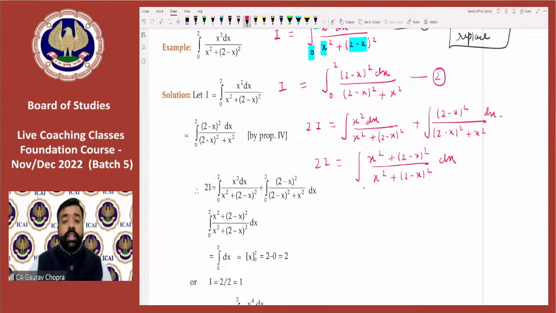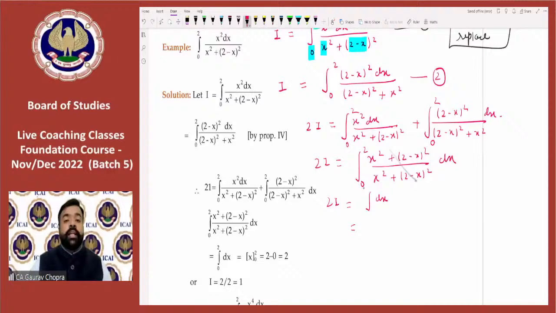Since the values are the same, we can cancel them, and we are left with only dx, and the limit is still from 0 to 2. This is the value of 2I.